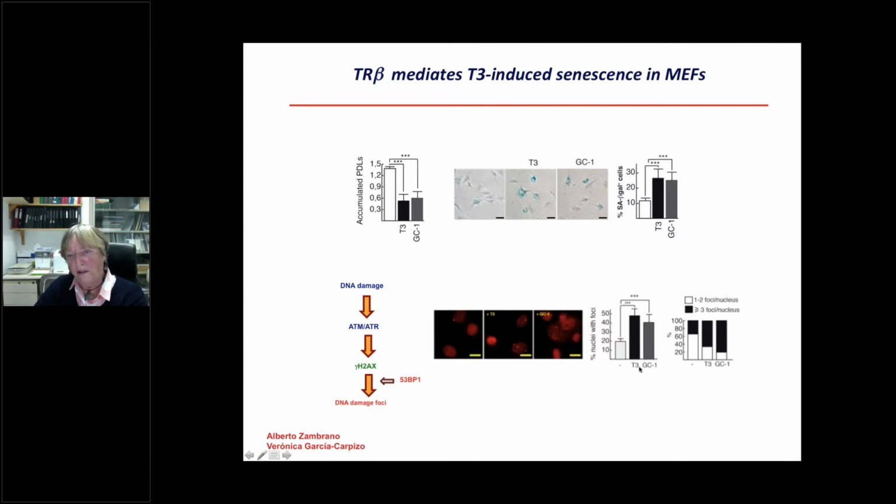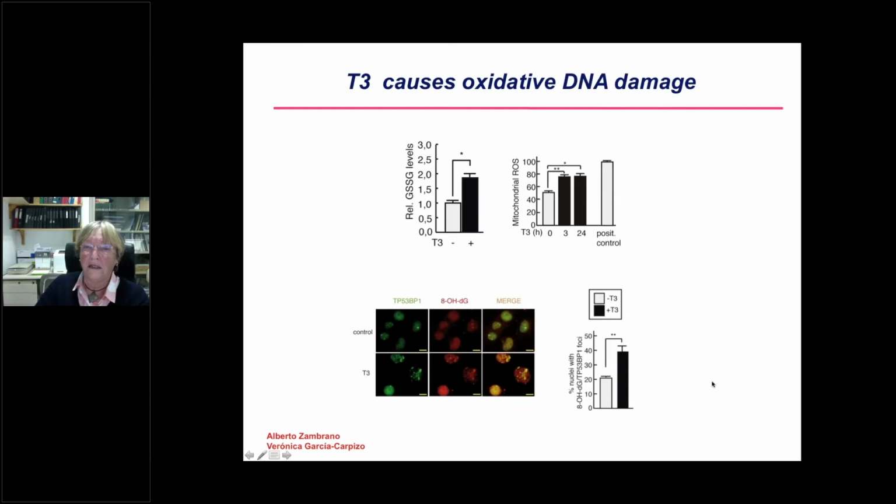Treatment with T3 or GC1 not only increased the percentage of cells that have DNA damage foci, but also the number of foci per nuclei. And this effect of T3 appears to be a consequence of increased mitochondrial production of ROS.